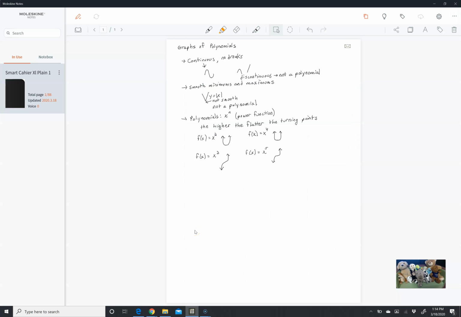A couple more things about the graphs of polynomials. We looked at what happens to a graph as we go left to right, but now we're going to look at something called end behavior. With end behavior, we're looking at a graph in a slightly different way.